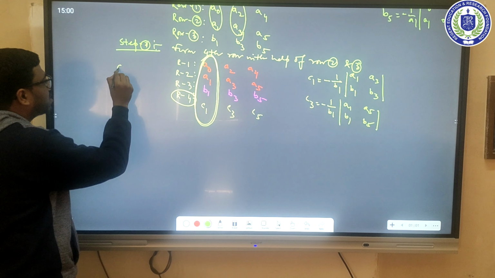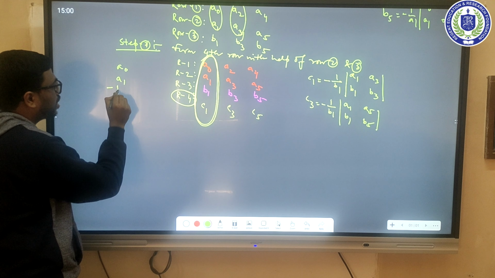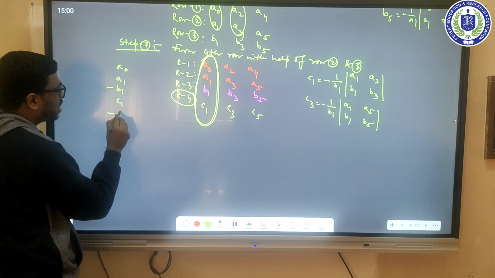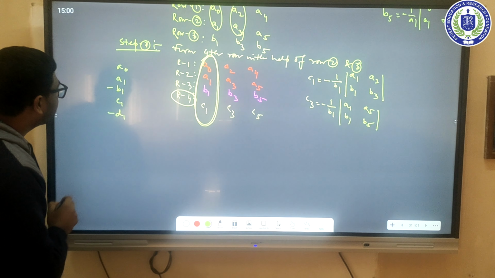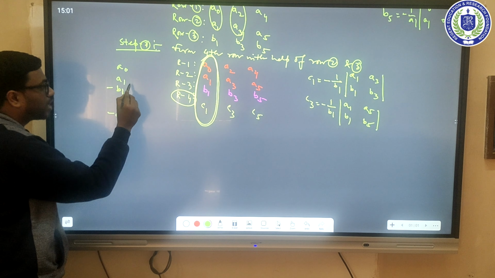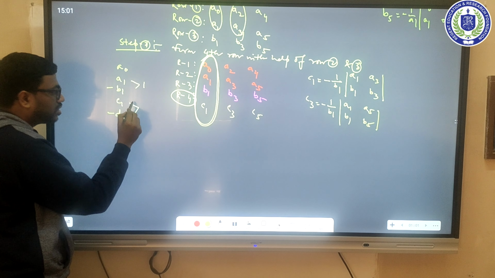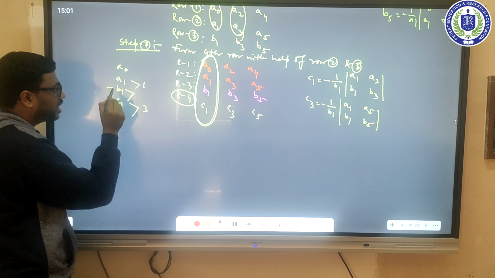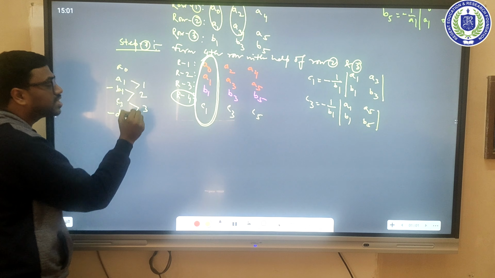Say my A0 is plus, A1 is plus, then B1 is minus, C1 is again plus, then D1 is again minus. So what is the number of sign changes? Three changes have occurred.